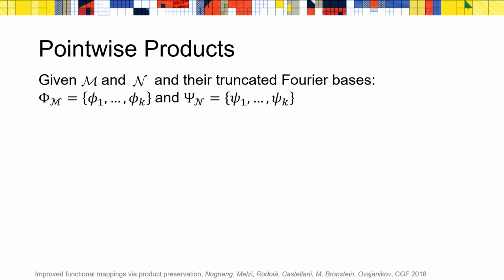So to recap this algebra idea to recover high frequencies in the functional map, given two shapes M and N, we can compute and store their first k eigenfunctions, phi and psi.